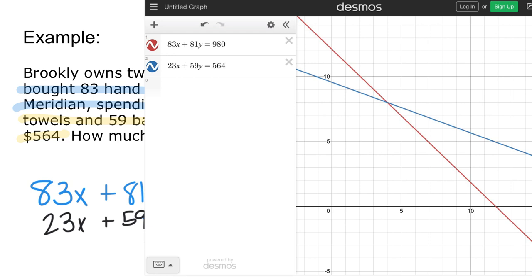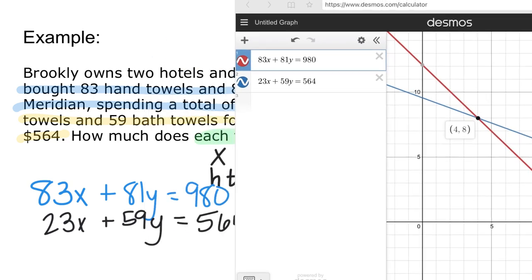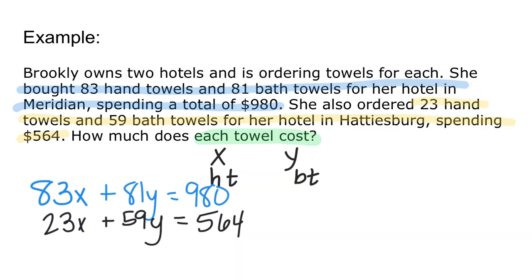Okay, that's better. And so (4, 8) is my answer, which is kind of what I thought, but I couldn't remember. So (4, 8) is that point of intersection.